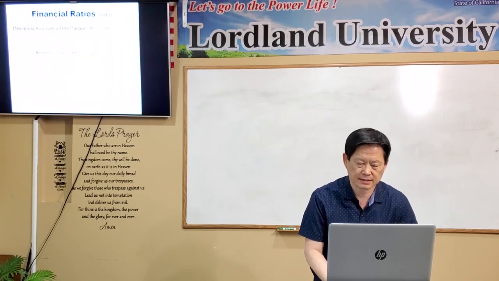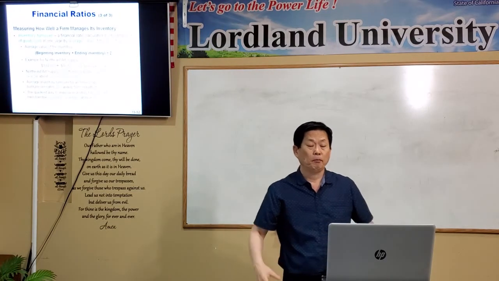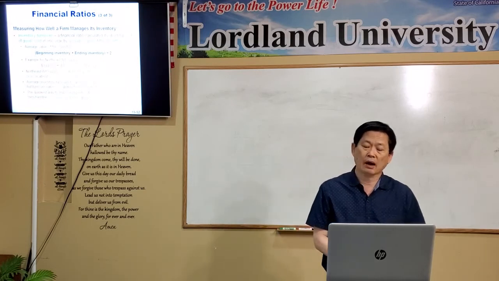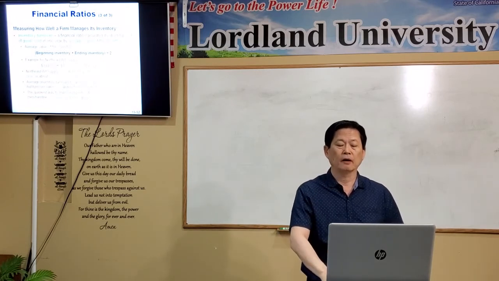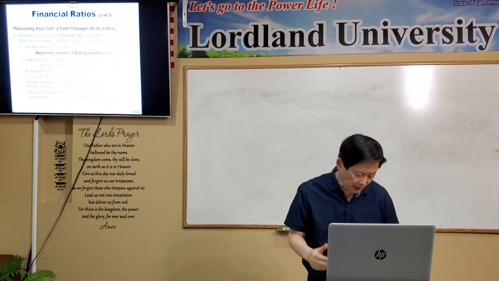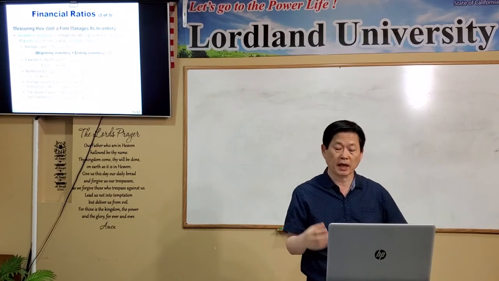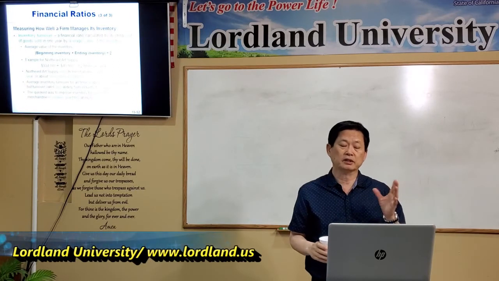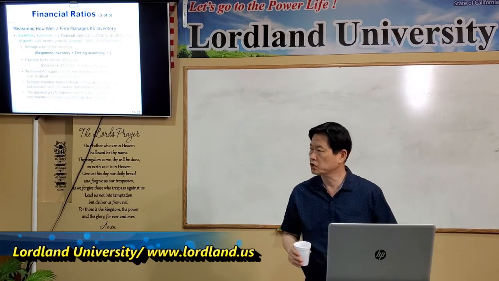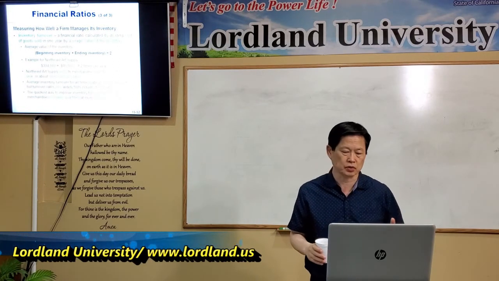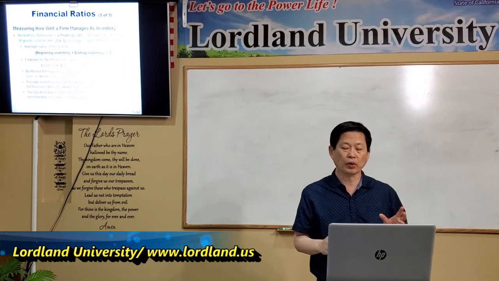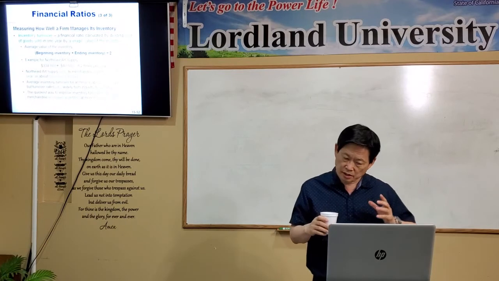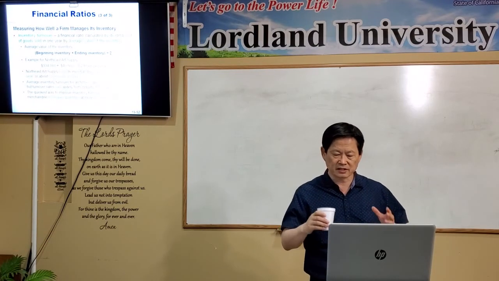Okay, last slide. Measuring how well a business firm manages its inventory. The inventory turnover ratio is a financial ratio used to measure how well a firm manages its inventory as effectively as possible.